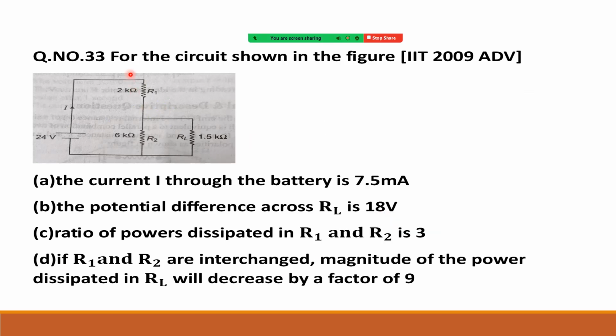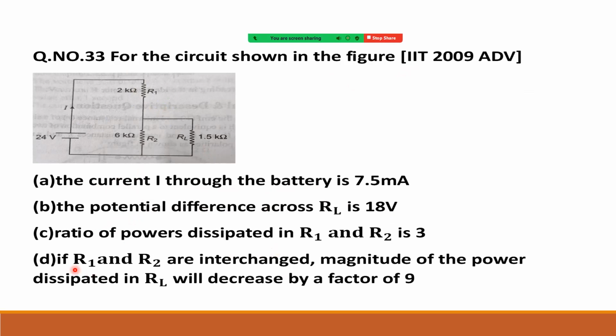For the circuit shown in the figure, we have to find current I through the battery, potential difference across RL, and the ratio of powers dissipated in R1 and R2.